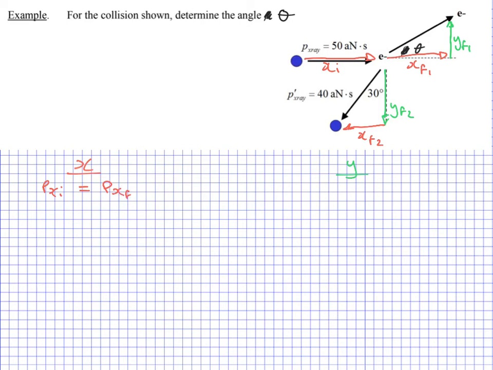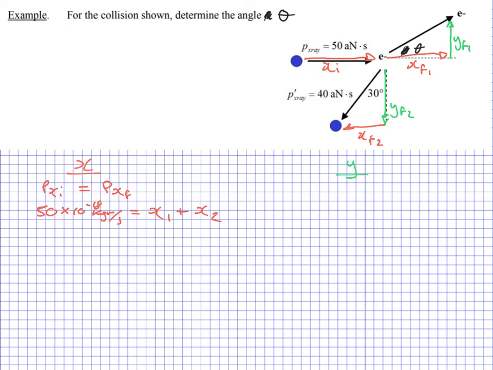Okay, and so hopefully you can see we've got a value coming in. We're going to say that 50 times 10 to the negative 18 kilogram meters per second is going to be equal to x, I'm just going to go 1, because I know it's in the x direction, plus x2.